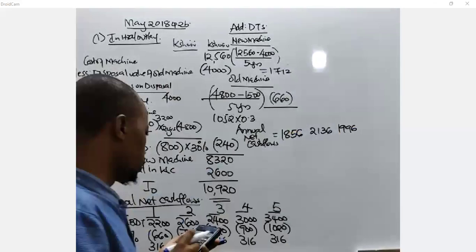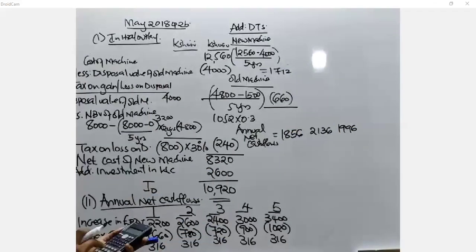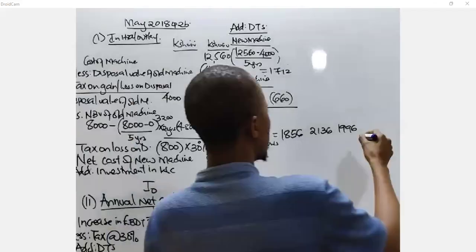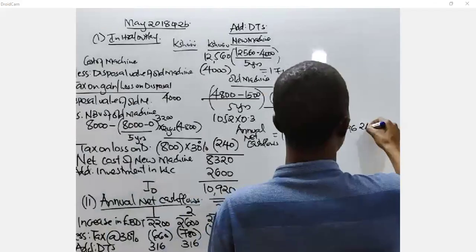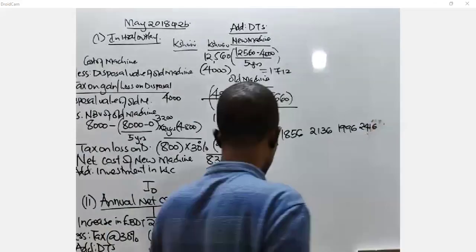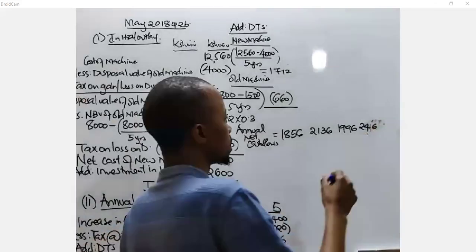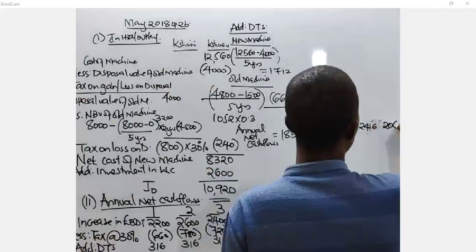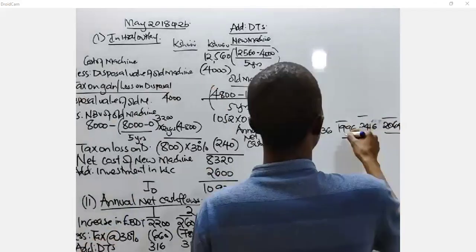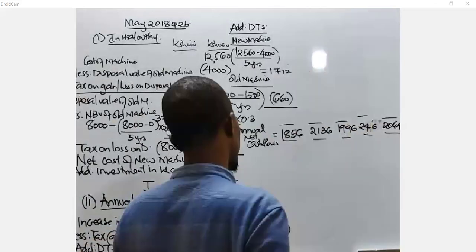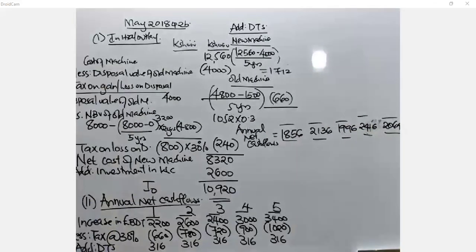The fourth year will be 3,000 minus 900 plus 316, getting 2,416. Then the last one will be 3,400 minus 1,020 plus 316, getting 2,696. Those are your annual net cash flows.